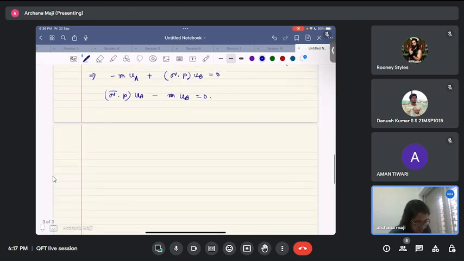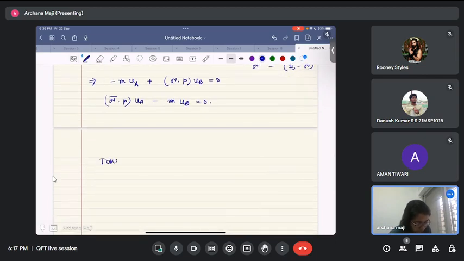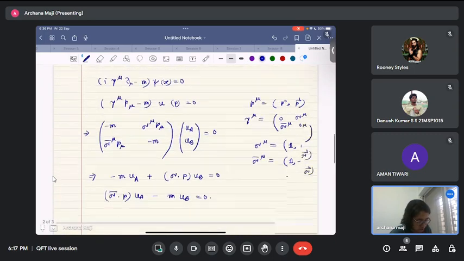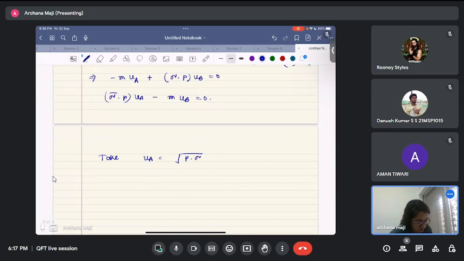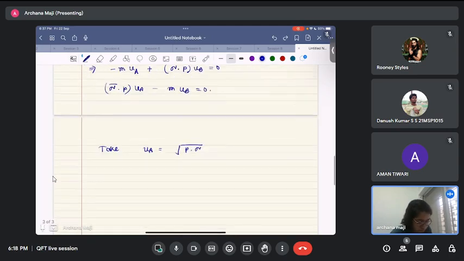So now take ua to be square root of p dot sigma times some spinor, let me call it alpha. Gamma would be bad notation, because gamma we are using for the matrices.